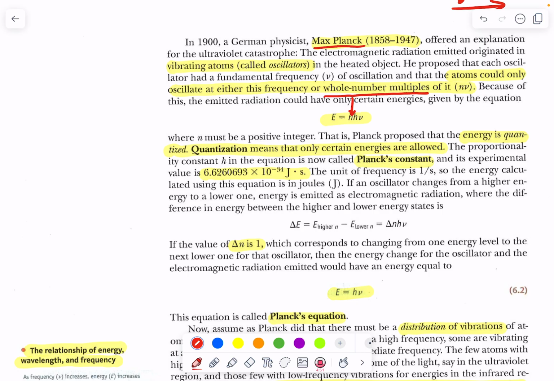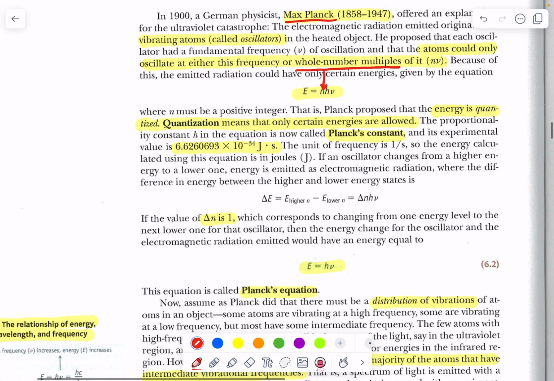And as we said before, energy is proportional to frequency. So we can get rid of the proportional sign by introducing our constant, Planck's constant. And then we can actually have whole number multiples of these energetic photons, and that's where the n is. Can be a 1 or a 2 or a 3 or 4, but Planck said it can't be anything in between.